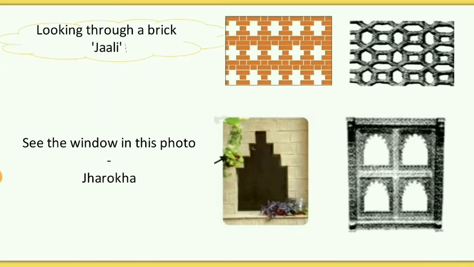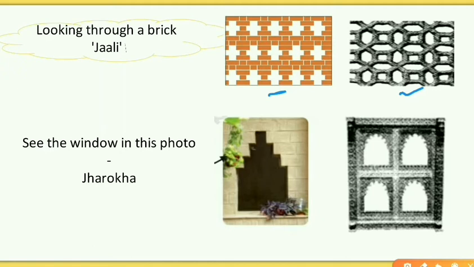The first two figures show a wall which is known as a jali. You can see through it. So it forms a jali here, and this is one more example of a jali. This is a wall through which you can see, so it is called a jali.